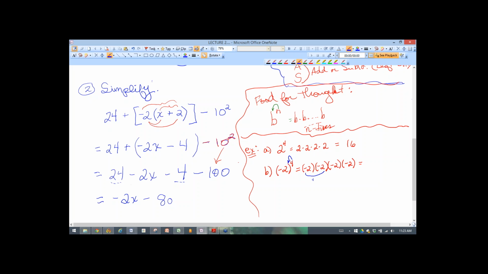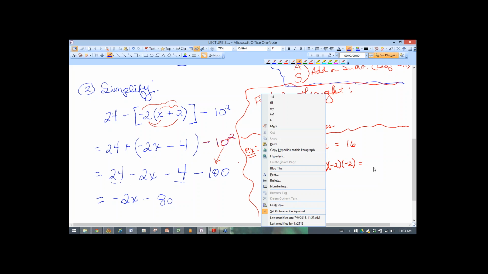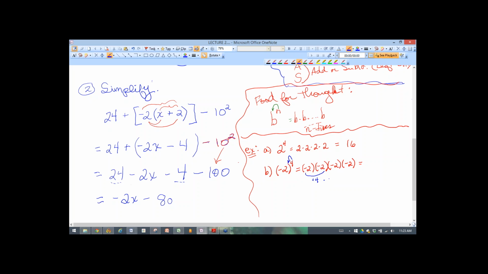It would be a positive 4, right? Put a little multiplication dot there. Then negative 2 times negative 2, positive 4. And positive 4 times positive 4, in the end we'll get a positive 16. So notice, negative 2 to the 4th power is positive 16.